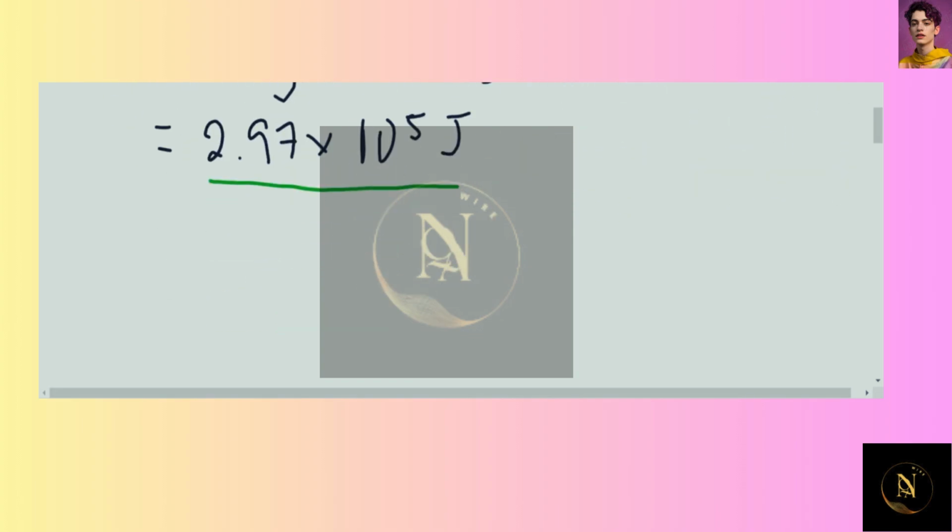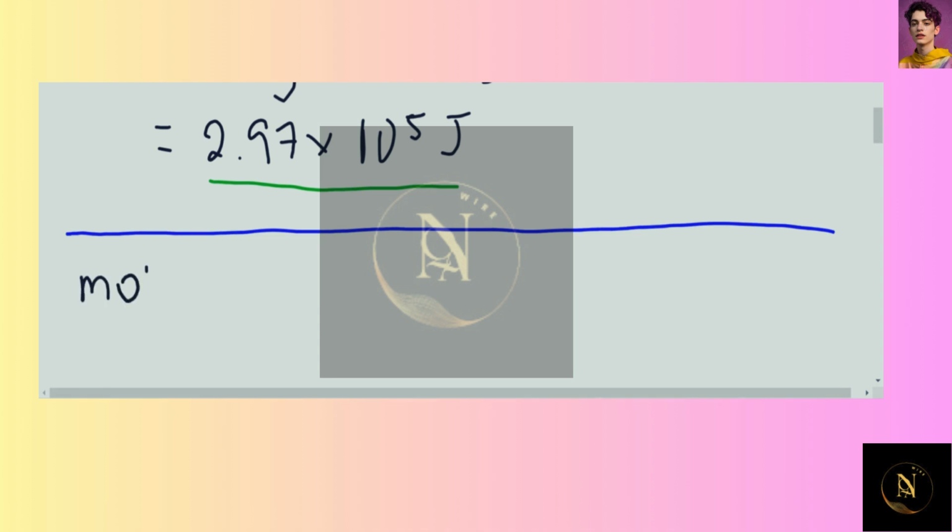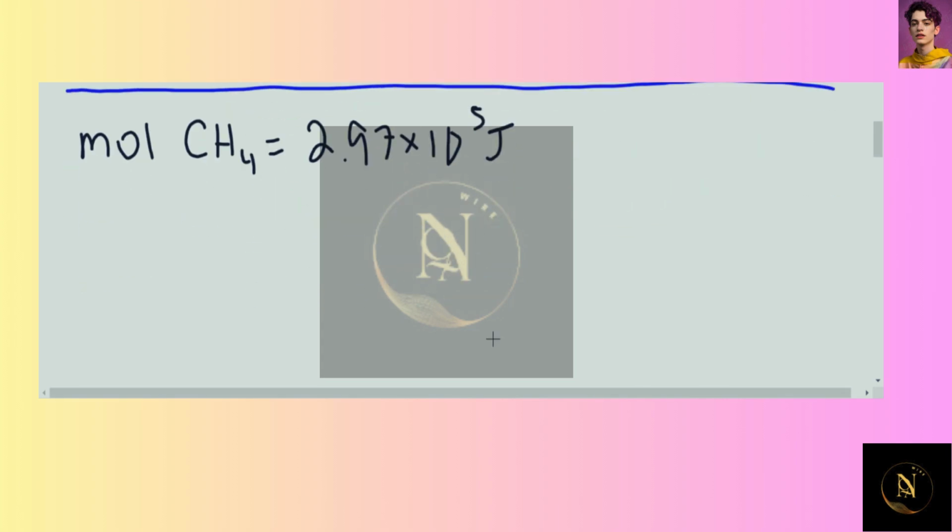Continuing on, we can use this to find our moles of methane. So moles of methane is going to be equal to our energy, our heat, and multiply that by our conversion of 802 times 10 to the 3 joules per 1 mole of methane.